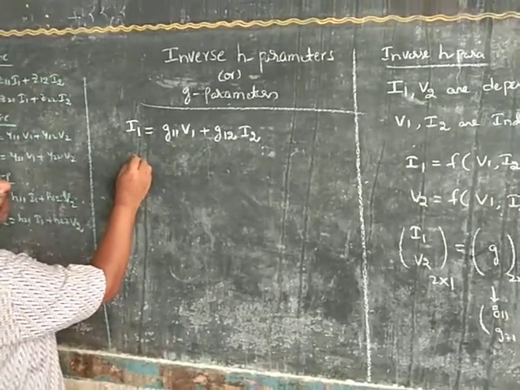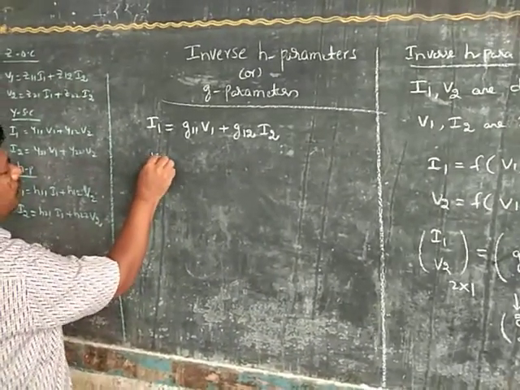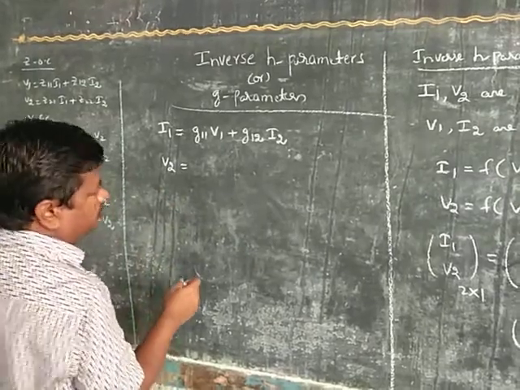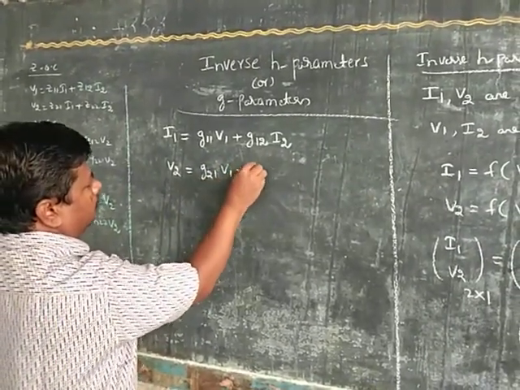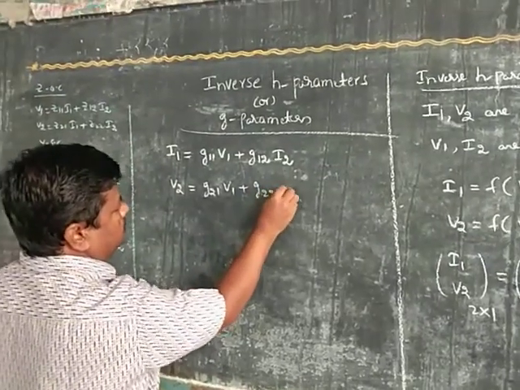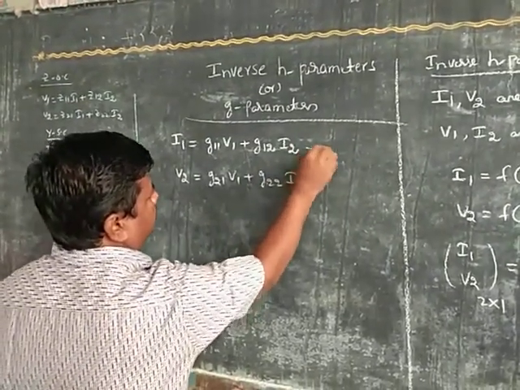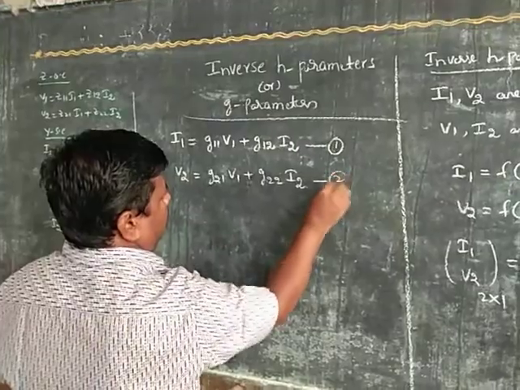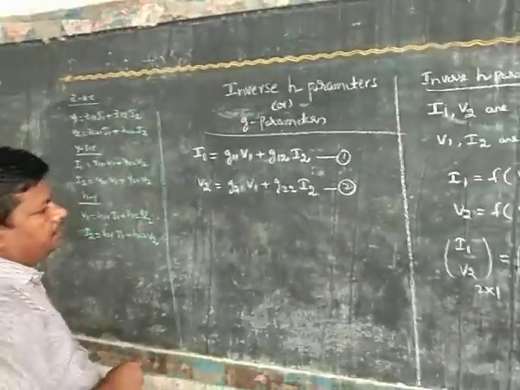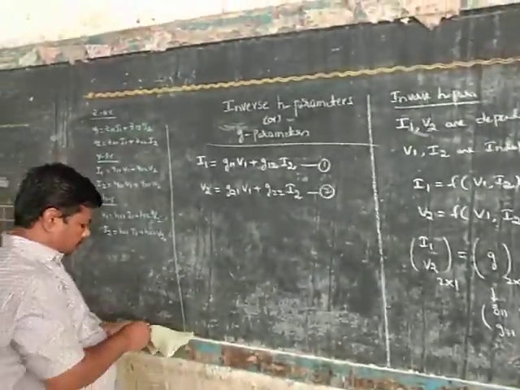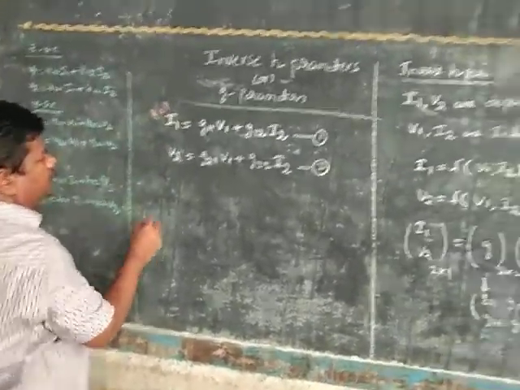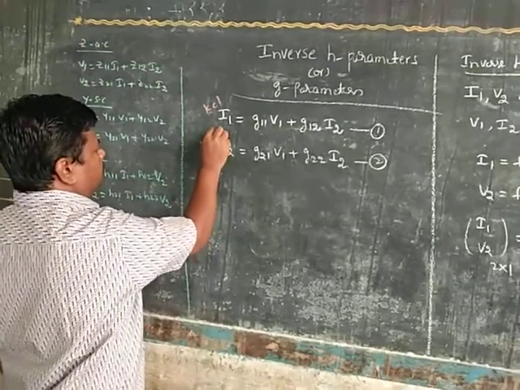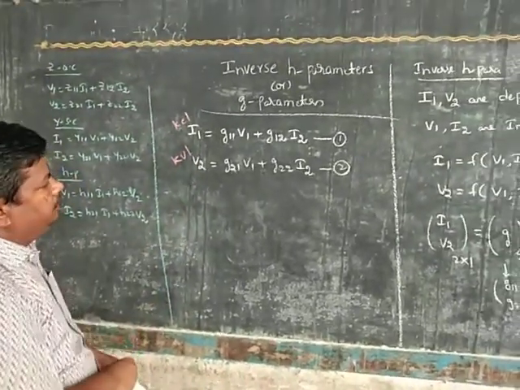Similarly, V2 is equal to G21 V1 plus G22 I2, equation 2. The first one is the current equation using KCL, and the second one is the voltage equation using KVL.